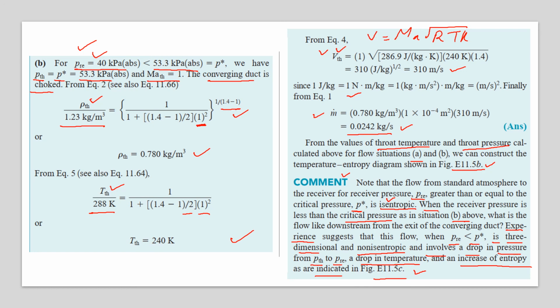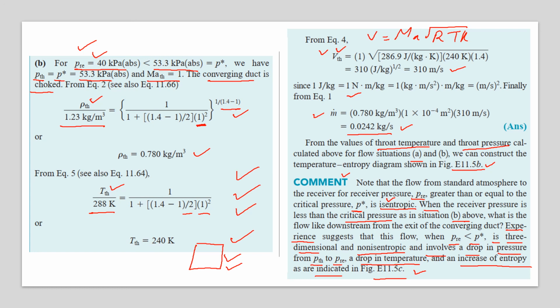In the next example, they have used the graph that we saw in slide number 5, I guess. They used that graph to solve the same example. So kindly go through that example by yourself and use this graph, and you will also learn to use this graph by just doing that example. It is very simple.